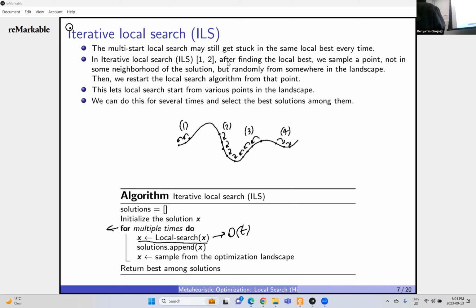Assume you do it for A times, then the whole thing is O(AT), right? Big O notation, I mean, doesn't matter. If you don't know what big O notation is, don't worry. That's just for interested students.